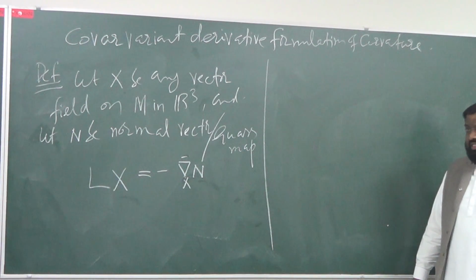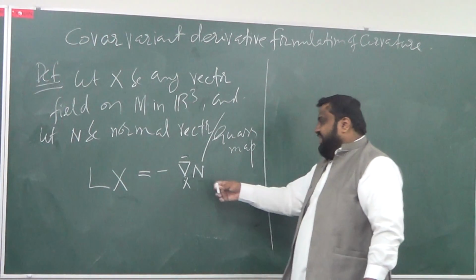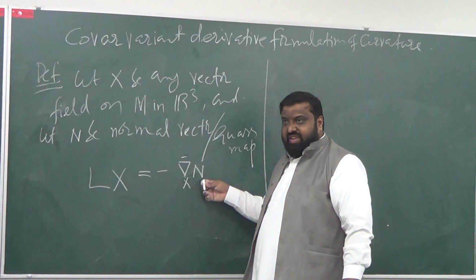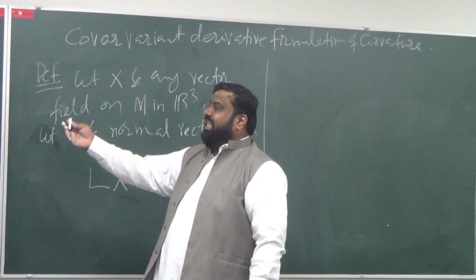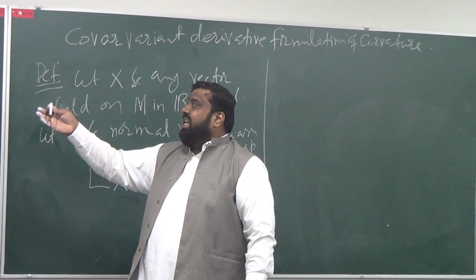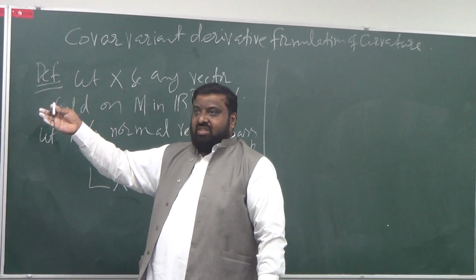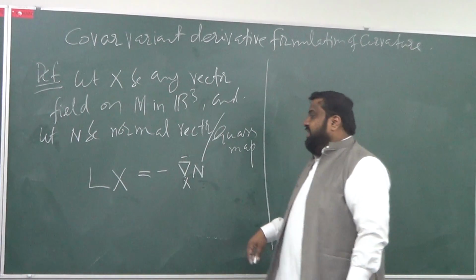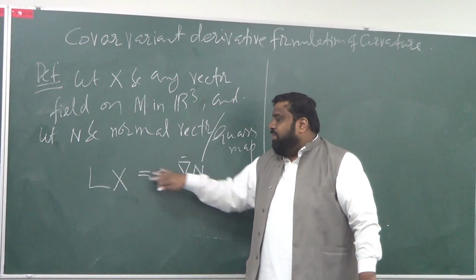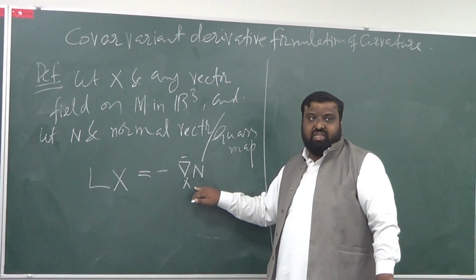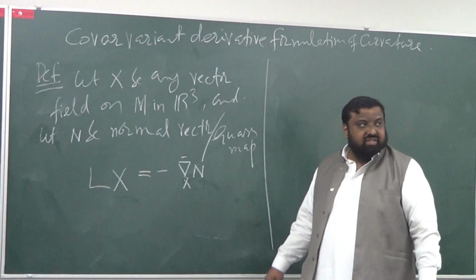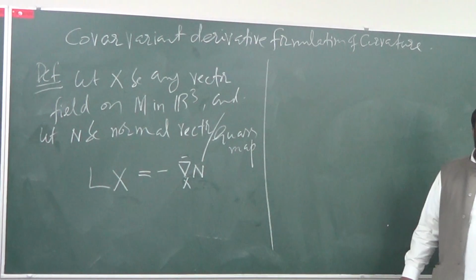At the moment I can treat N as a vector field, or if you want to get more sophisticated, you can treat N as the Gauss map. If you do the computation at a point, then N of p is a vector and X is also a vector at that point.